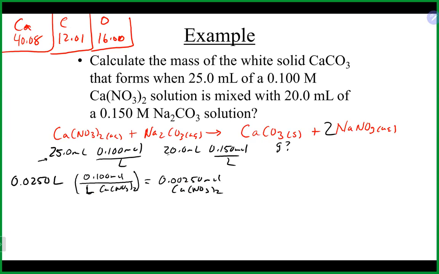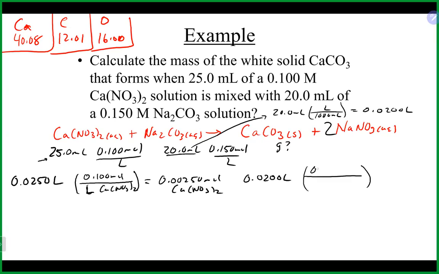We're going to do the same thing here. So we're going to convert this guy again into liters. So basically 1,000 milliliters is a liter, 0.0200 liters. So we'll take that as 0.0200 liters, times it by its molarity, 0.15 moles per liter.